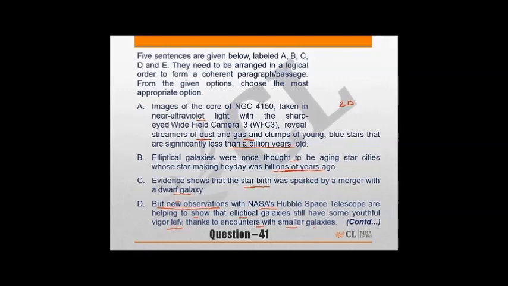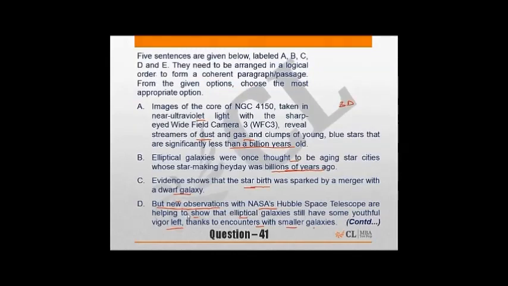So new observations with NASA's Hubble telescope, images of the core reveal streamers of dust and clumps, okay. So BDA appears to be connected, but let's check out BDE also. E talks about the new study. So the new study is unlikely to be immediately after D, yeah. So BDA appears to be the thread to me.